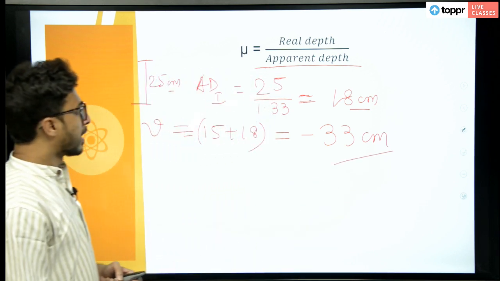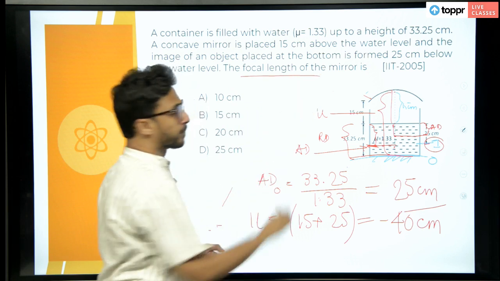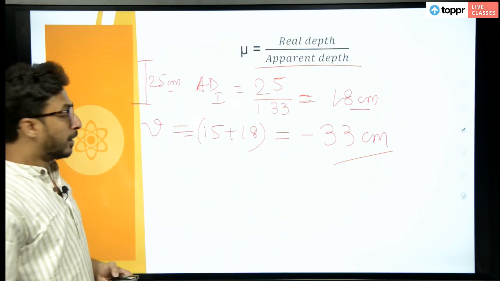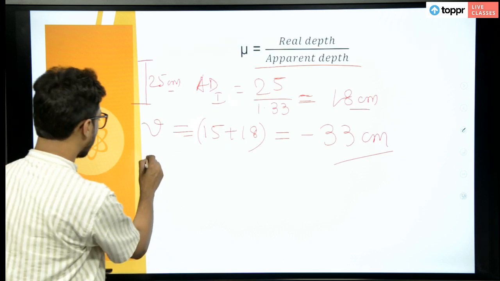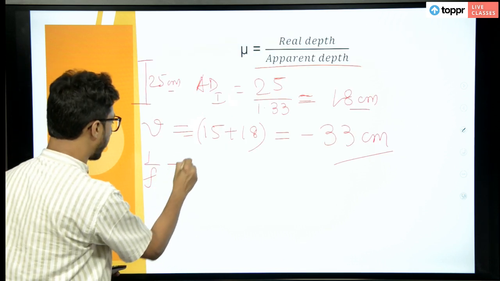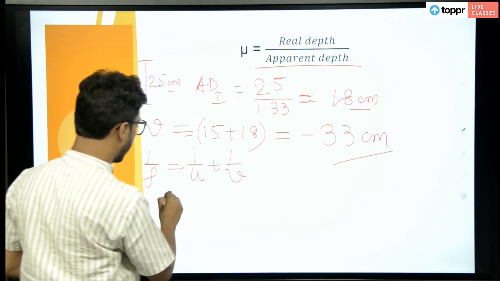right? Now to find the focal length of the mirror, we have to use the mirror formula, that is 1 by f equals 1 by u plus 1 by v.